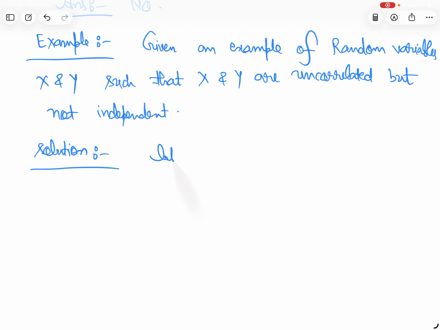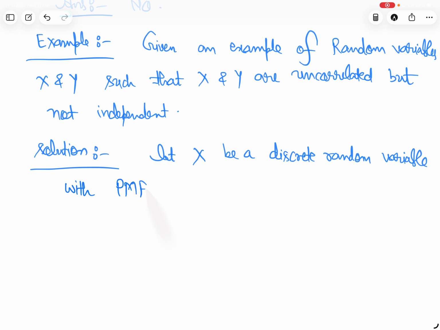Let X be a discrete random variable with PMF, the probability mass function, given this way.